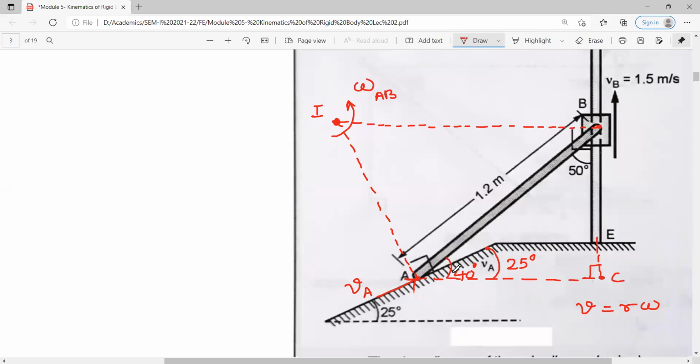So if the total angle is 40 degrees and this one is 25 degrees, how much remains? The angle between the inclined surface and the rod will be equal to 15 degrees.